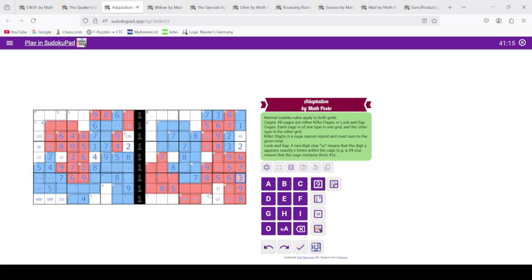Okay, what else? We have 1, 2, 3 to go in this column.